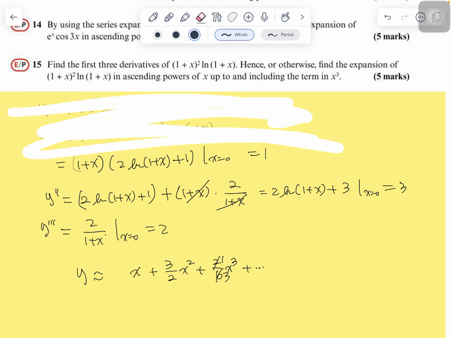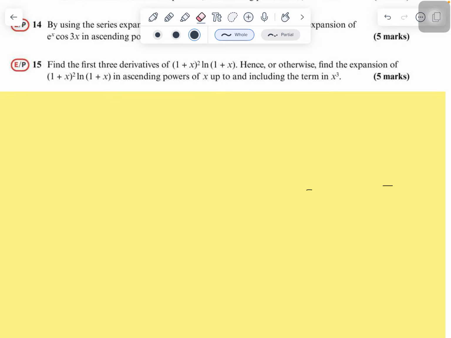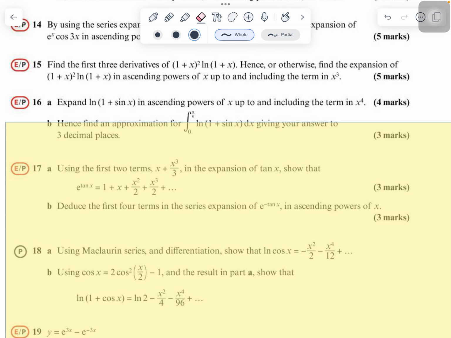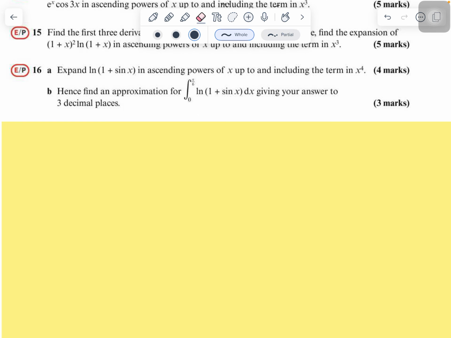And the next one. Number 16, ascending power of x up to. So this is another flexibility. When you make any calculation near 0, 0 to pi over 6 could also be near 0.